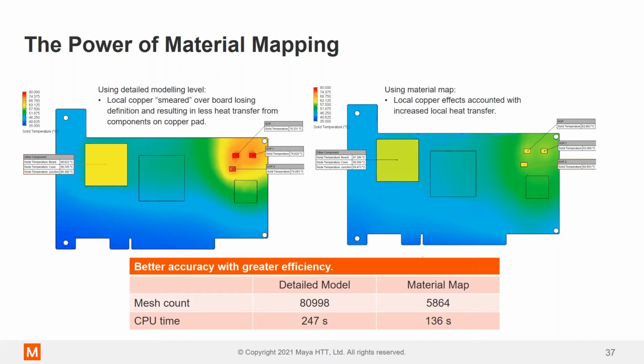With the material map, we do have a much lower mesh count. We're not meshing the geometry within the board, where it's a thermal node network. So it's basically just a matrix solve. That results in a much lower mesh count and a slightly lower CPU solve time as well. All right, next slide, please.